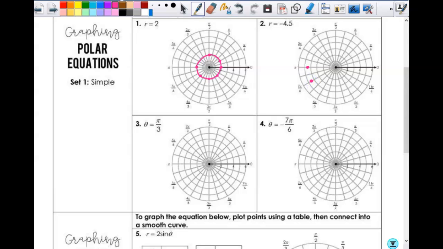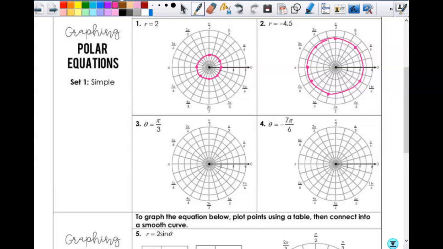A circle. So even though it's a negative r, it just passes through. You're still going to end up hitting all the points. So I'm just going to draw some more of them in here so that I can then draw my circle. Okay, so let's finish drawing this. So to answer that question, you can just draw in the circle. You don't have to plot all those points, and you should make it look better than that. But plot a couple of them so you have the idea.